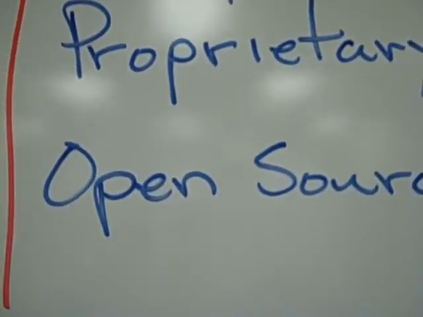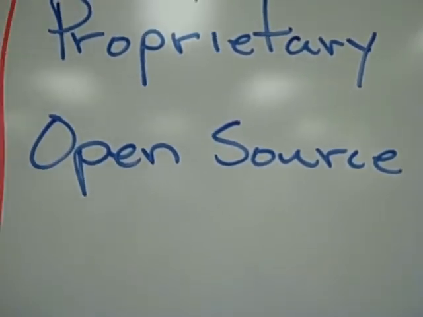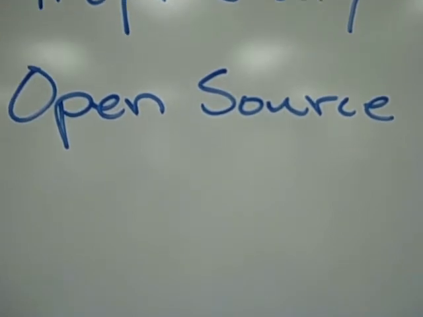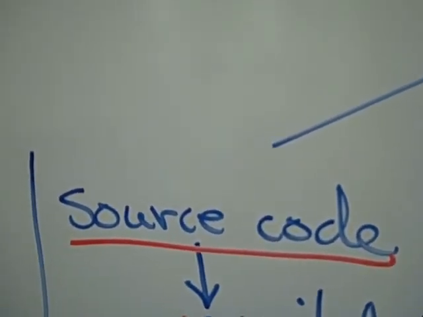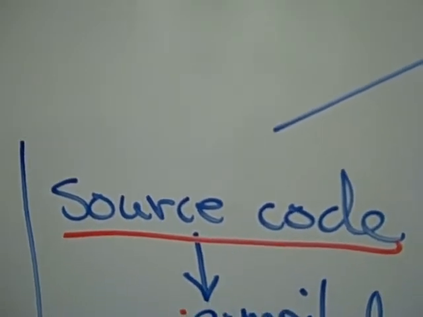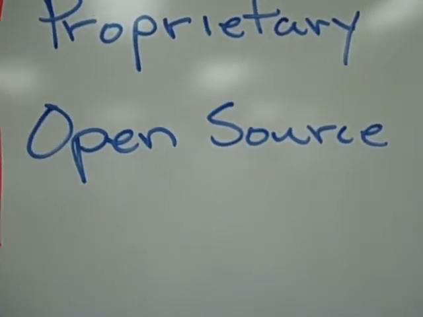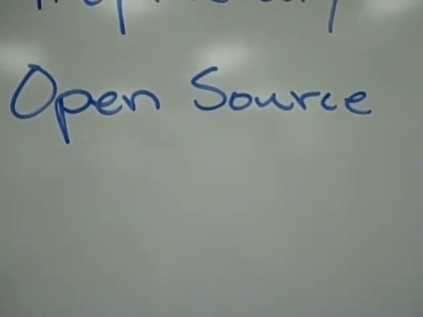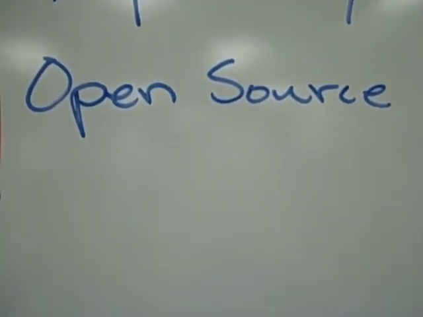Okay? Now, there's a whole world of open source. Most people think of it as being free, but really the term relates to the fact that you can go in and see the source code. If you have the wherewithal to change the source code, you can make it like you want it, and you don't pay for it. Typically that's free.